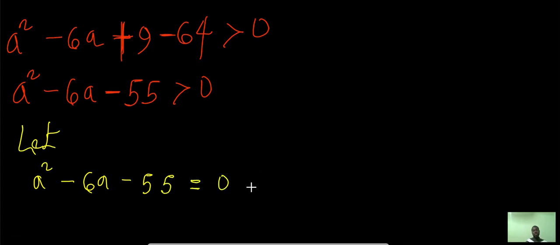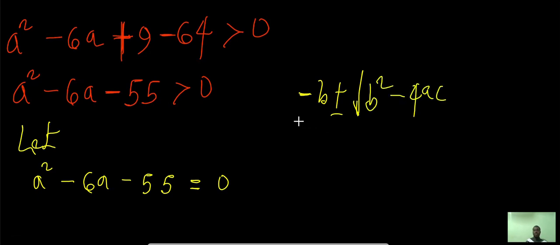Now you can decide to use the quadratic formula you have learned, which is negative b plus or minus the square root of b squared minus 4ac, all divided by 2a. Yes, you can use it. But this time around, the variable is no longer x, it is now a.